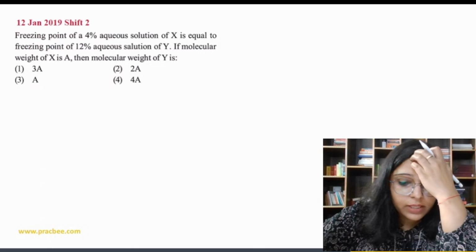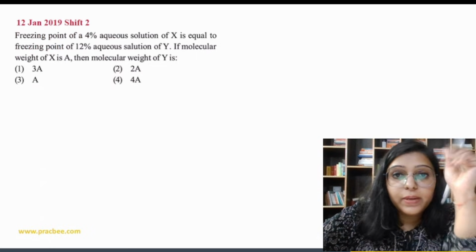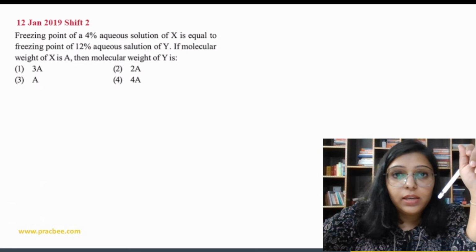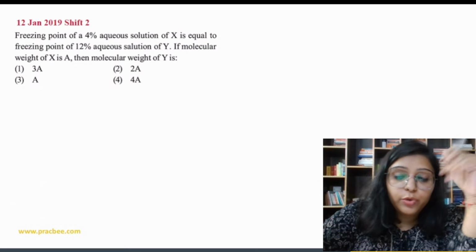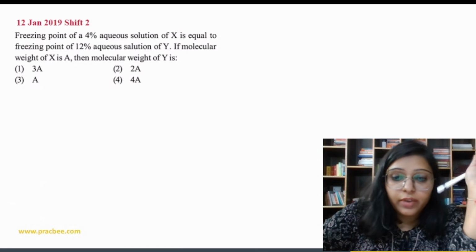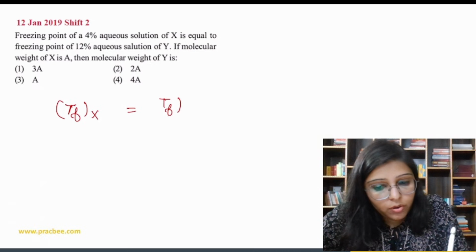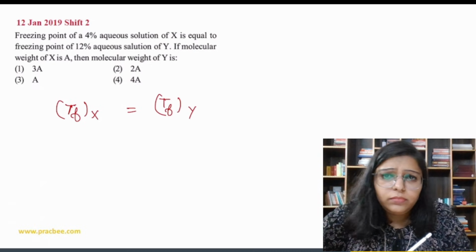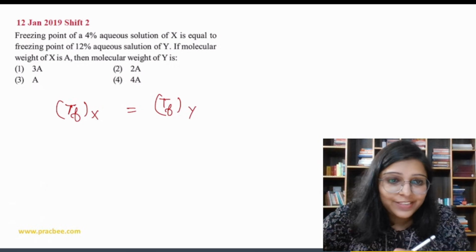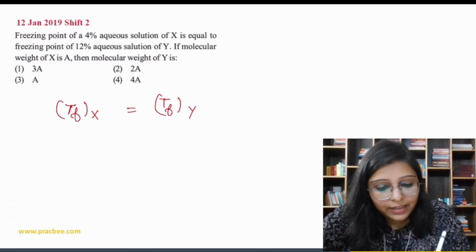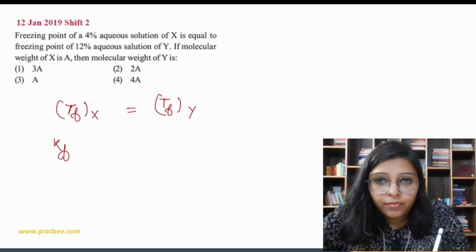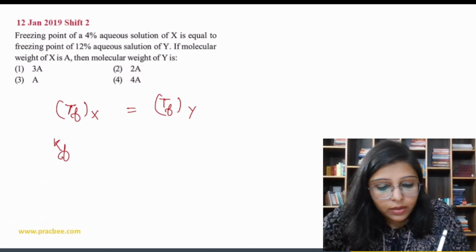So the next question says the freezing point of a 4% aqueous solution of X is equal to the freezing point of a 12% aqueous solution of Y. It means Tf of X is equal to Tf of Y. Okay, T naught F is the same. So we can say that Tf is going to be Kf. Kf is also the same, right?